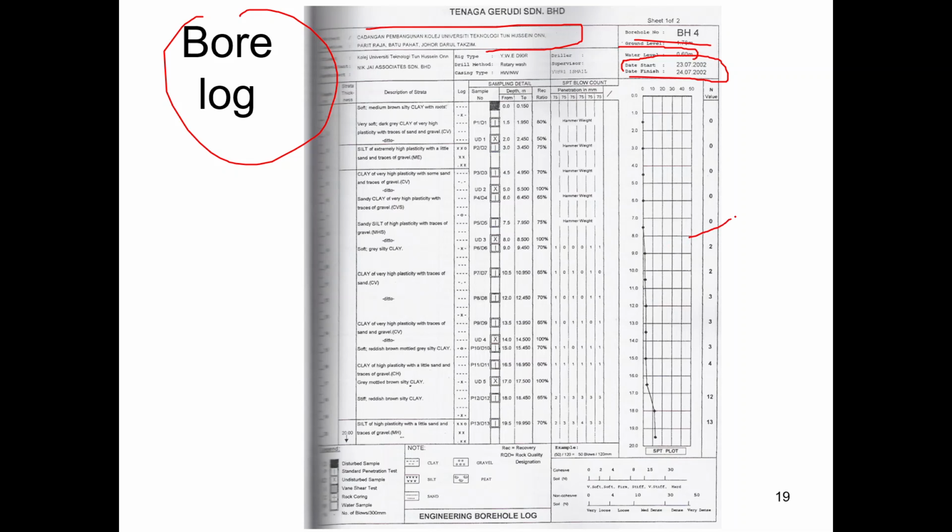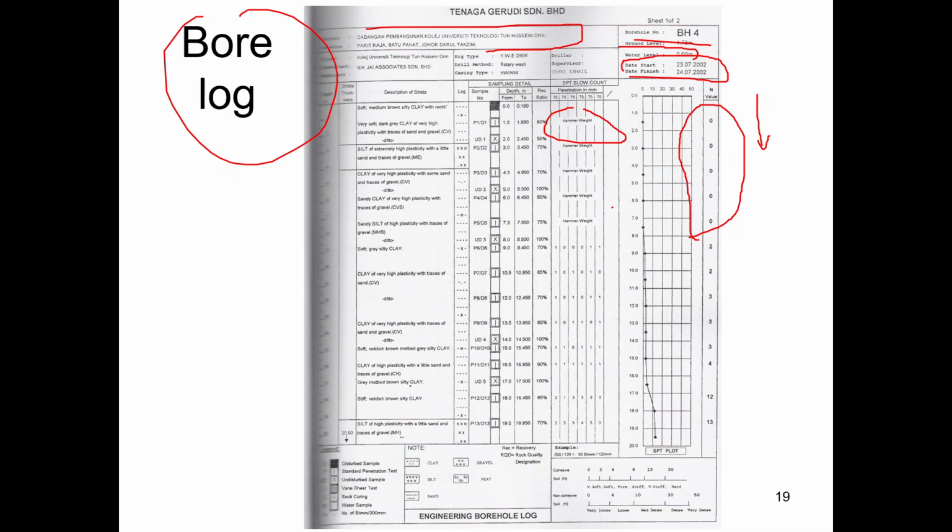You see very soft soil in our UTHM grounds. 0 means just using the hammer weight. The rod just drops without dropping the hammer.